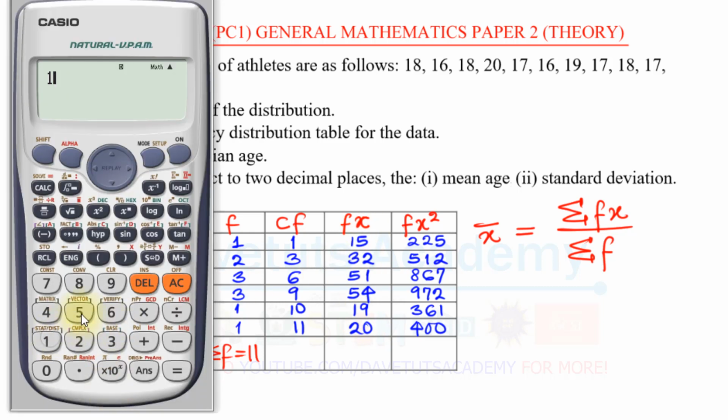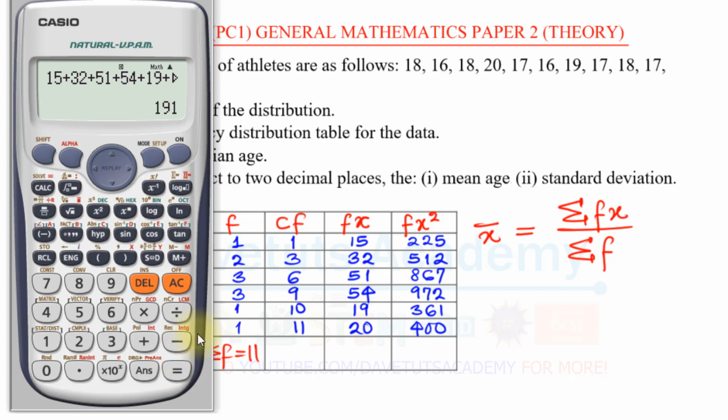We can say 15 plus 32 plus 51 plus 54 plus 19 plus 20. We need to check, do we get all of that correct? If that is the case, we can just say that is equal to what?